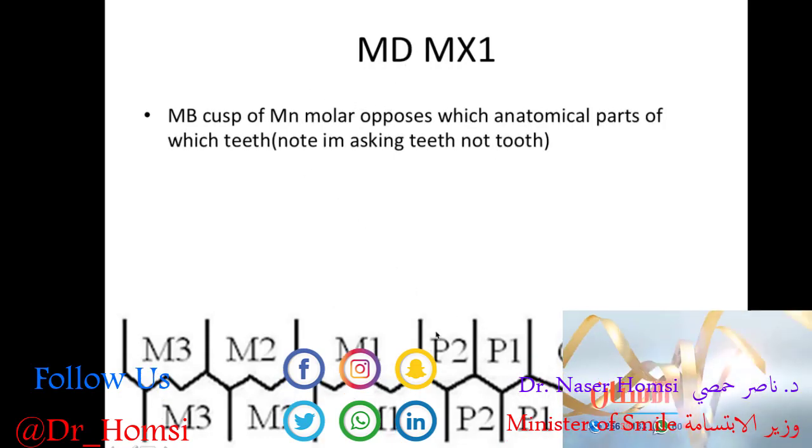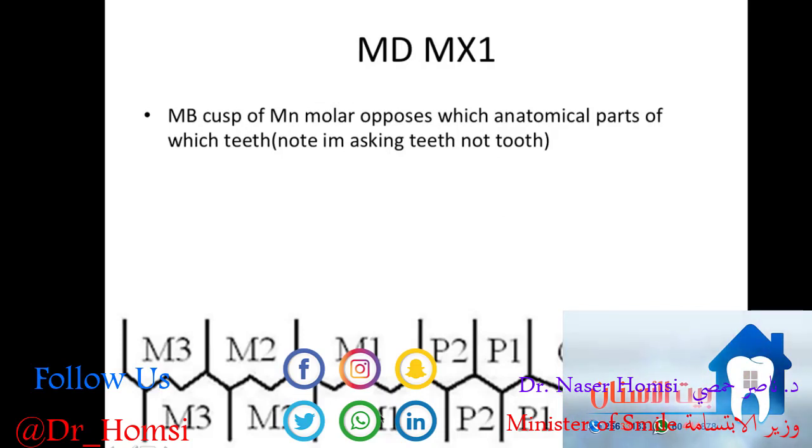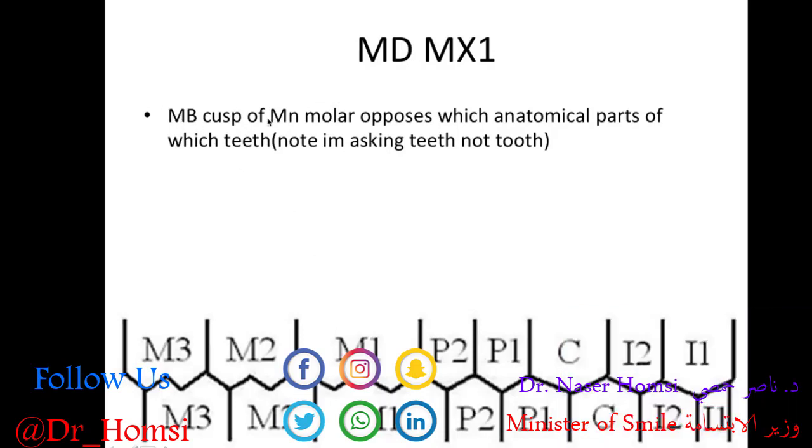Okay, so we're on the mandibular, let's see, the mesial buccal cusp of the mandibular molar. Okay, so we're on the mandibular molar. And so just ignore this. This should be mandibular first molar. Alright, so the mesiobuccal cusp of the mandibular molar opposes which anatomical parts of which teeth?